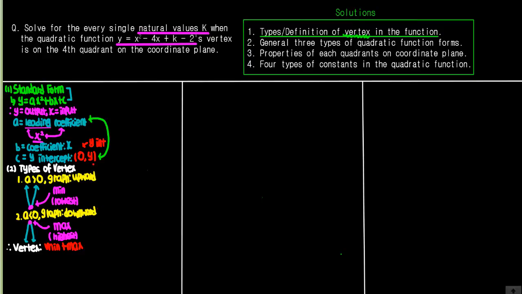So from here, the types of our graph and the definition of our vertex were our first solution to approach this question. Now we need to talk about the second one, which is the three types of general quadratic function forms.